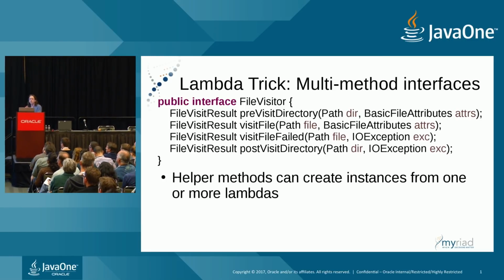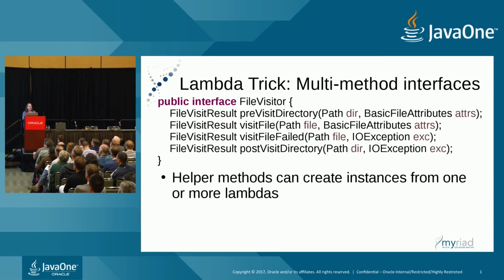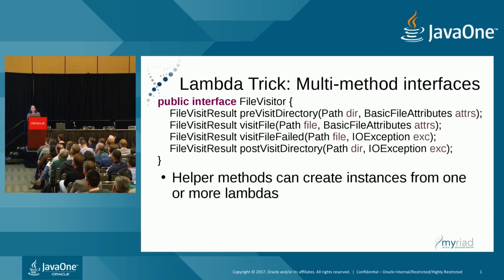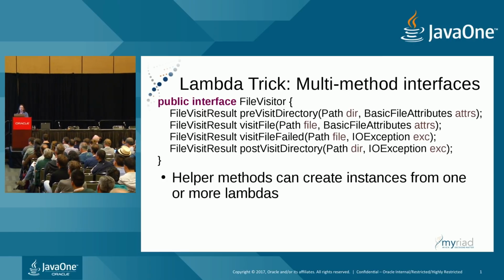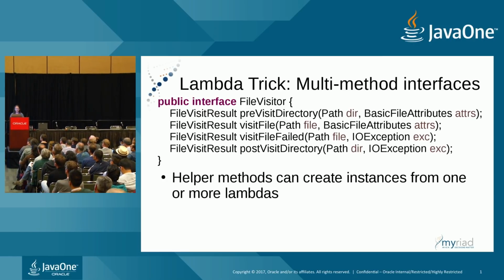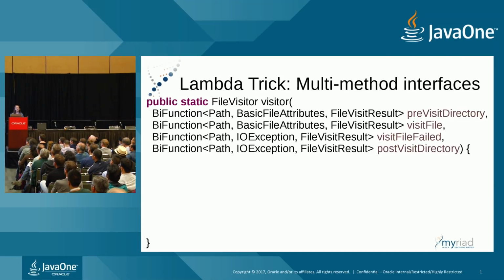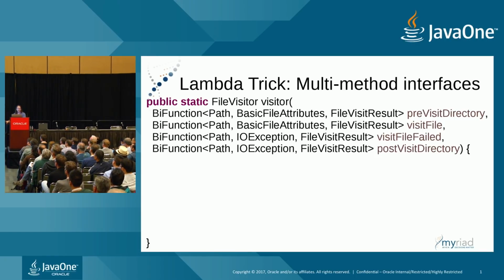But what you can do is create helper methods. And these helper methods can take in one or more lambdas and construct an instance of the interface for you, so that you don't have to go back to the old days of anonymous inner classes. So a full-bore example of such a method: the file visitor interface requires four methods.